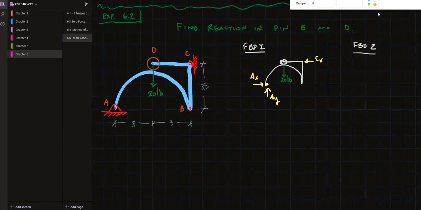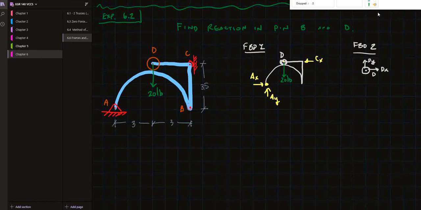For free body diagram number 2, let's just draw this wheel here that is at D. So this is D, and I'm going to draw DX and DY as the reactions. And then on top of that, I have a normal force here where the wheel touches the other surface.